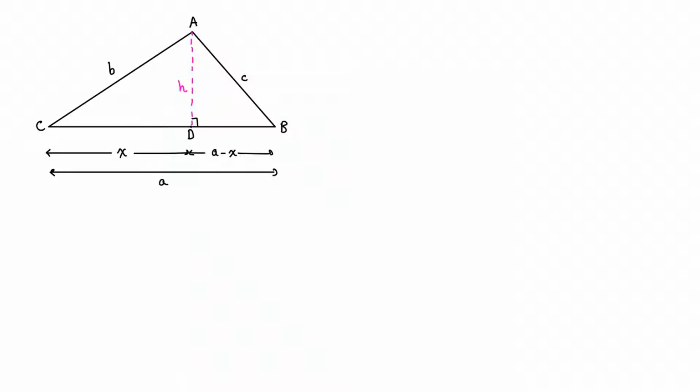Now for triangle ACD, we can use the Pythagorean theorem to say x squared plus h squared is equal to b squared. And for triangle ABD, we can use the same logic and say that a minus x squared plus h squared is equal to c squared.